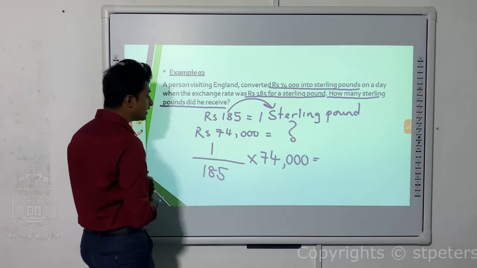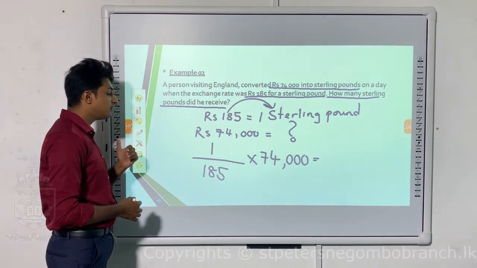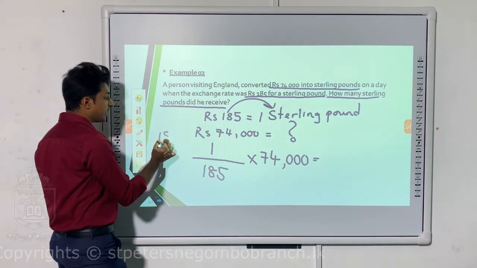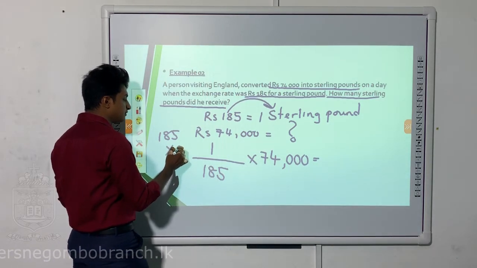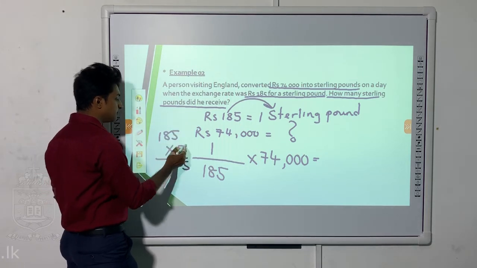Okay, so I am going to divide and see. 74,000 divided by 185. Let's multiply and see. If I have 185, if I want to get 7, let's take it as 5. 5 times 5 is 25. No, that cannot be taken.